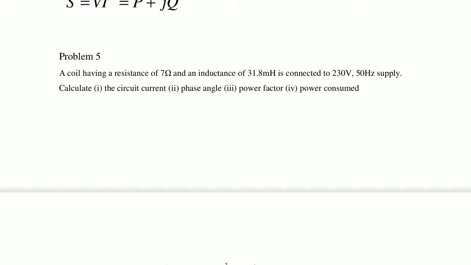XL is equal to 2 pi f L; substituting L gives the inductive reactance. It is connected to 230 volts RMS and a 50 Hz supply. Calculate the circuit current I, the phase angle, power factor and power consumed.